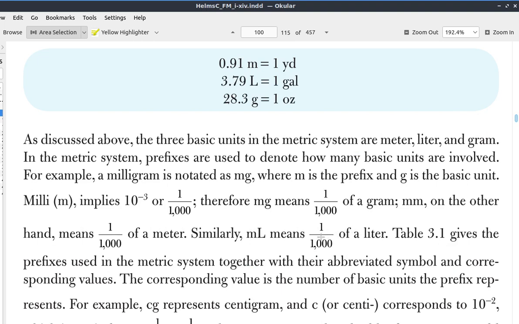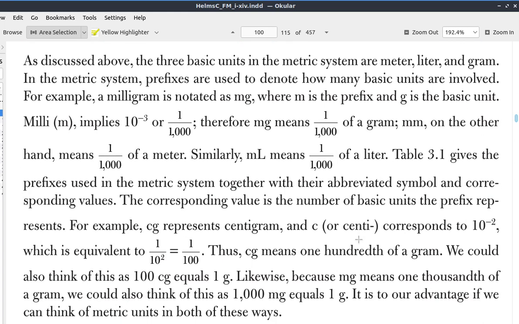So the corresponding value is the number of basic units the prefix represents. For example, cg, centigram. That's hardly used though. C or centi, corresponding to 10 to the negative 2, which is 100th. Thus, cg means 100th of a gram, 1 centigram.